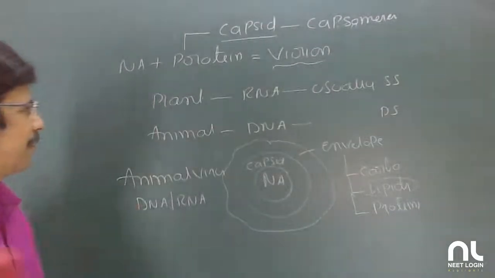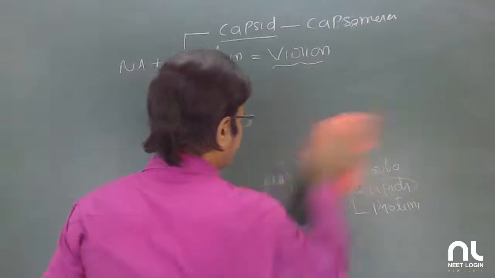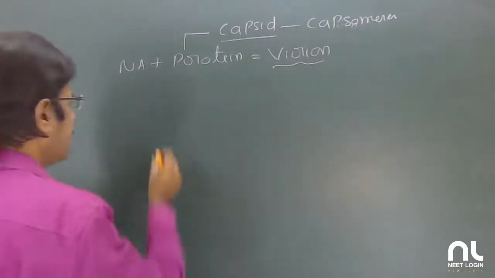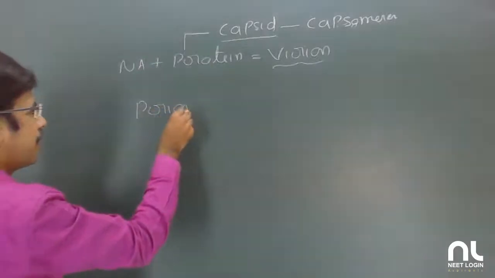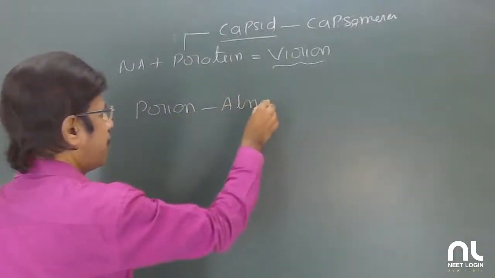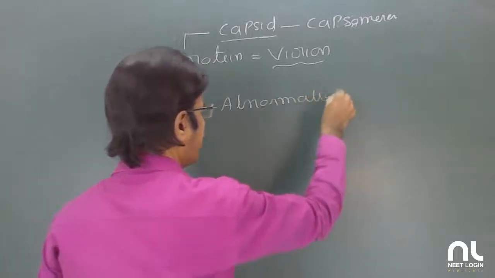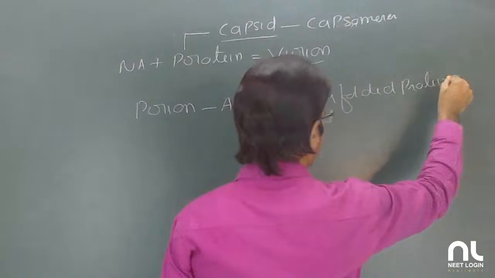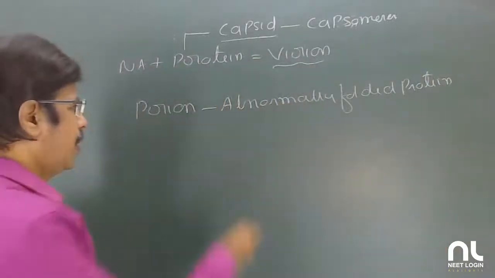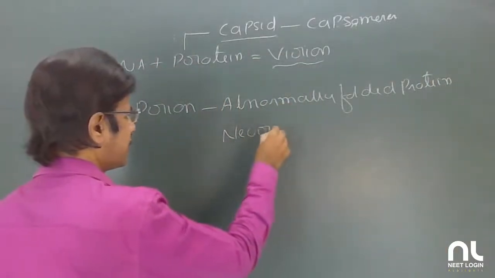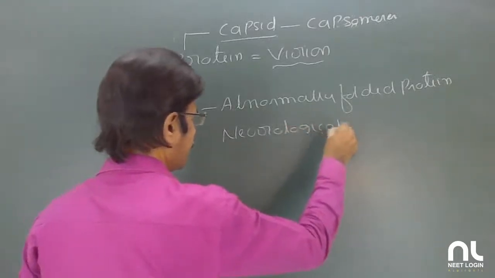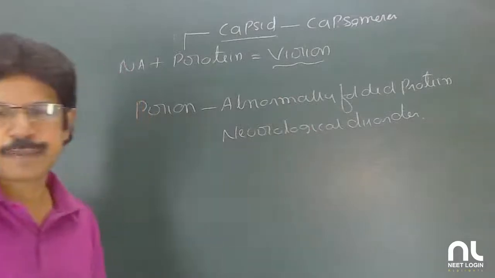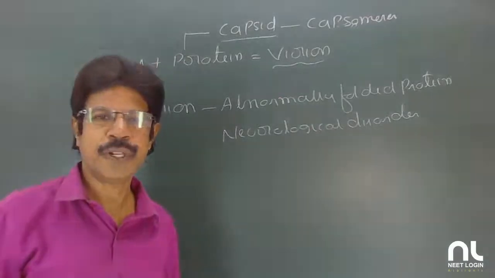So in the case of animal virus, and prion: abnormally folded protein. Neurological disorders because of abnormally folded protein.